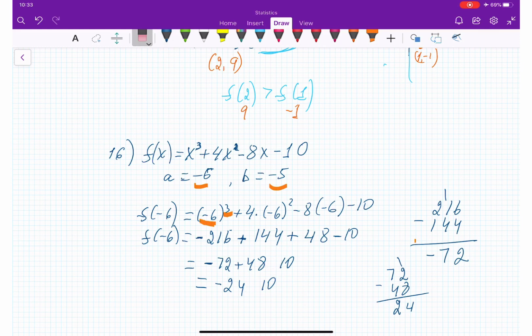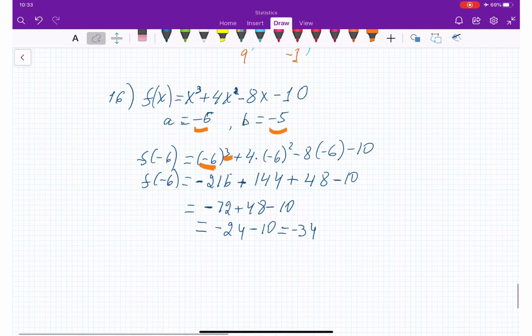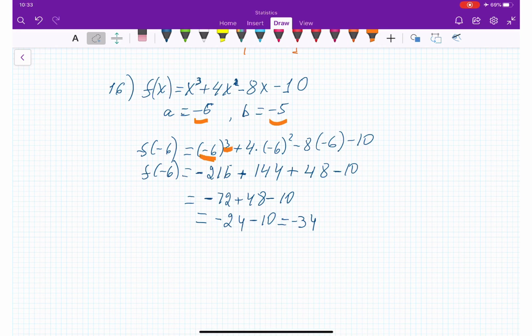I guess I'm tired. Minus 10, and we get negative 34. I was sensing something was wrong, we were getting too low. Okay, negative 34.